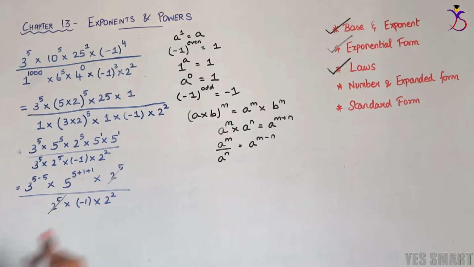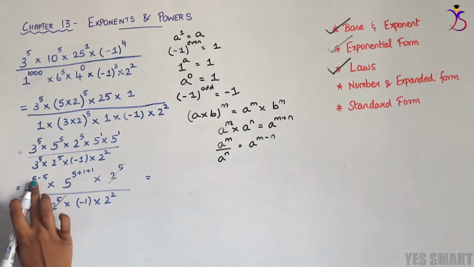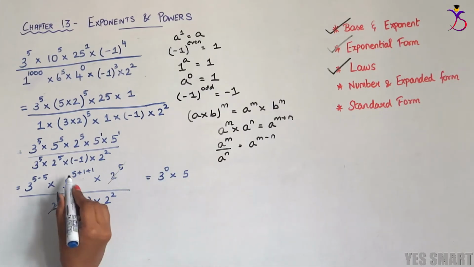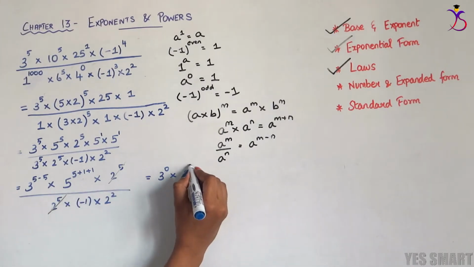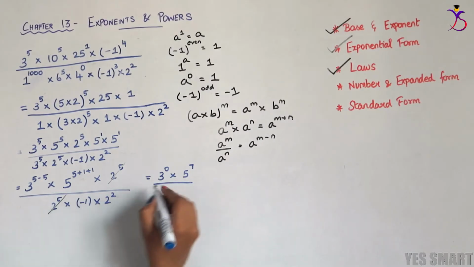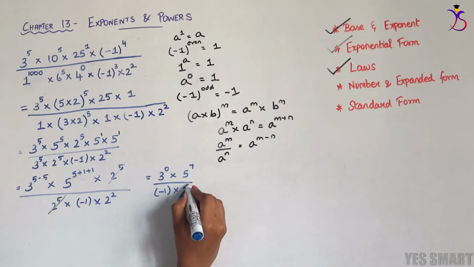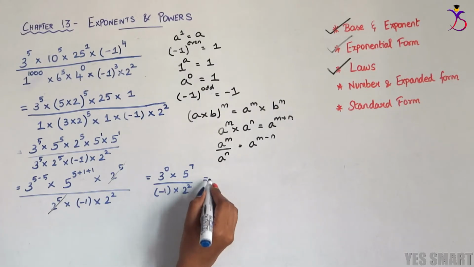So I'm just cancelling it. Equal to 3 to the power of 5 minus 5 is 0. So 3 to the power of 0 into 5 to the power of 7, because 5 plus 1 plus 1 is 7, divided by minus 1 into 2 to the power of 2.